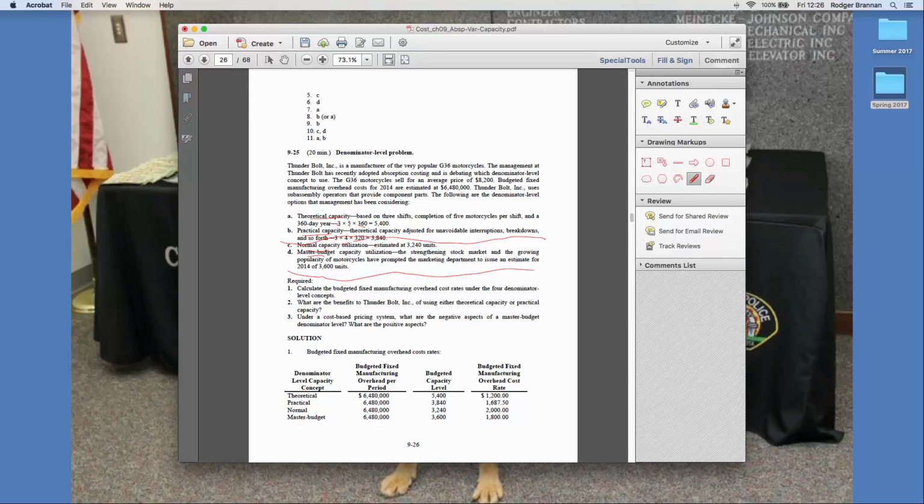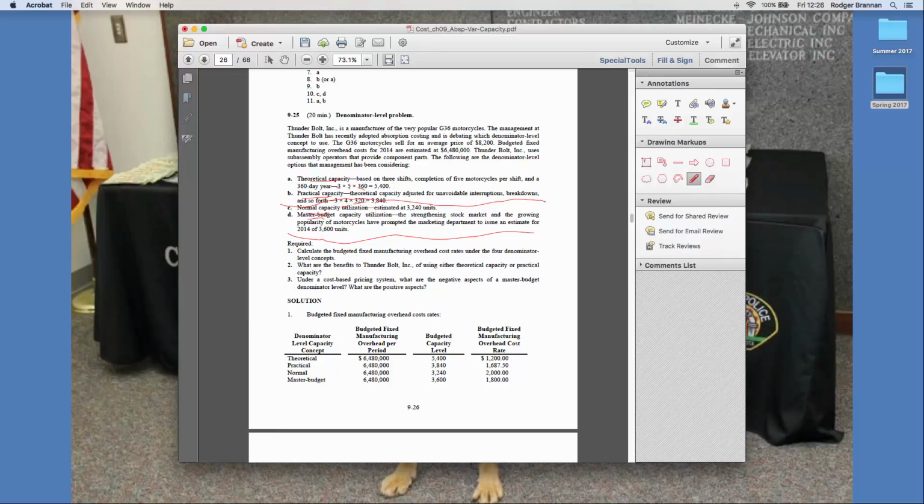So the implications of this are, what are the levels of capacity? If I gave you information, would you be able to calculate the amount of production that would be required with each of those levels? But then the next question is, looking down here, what's the implication?